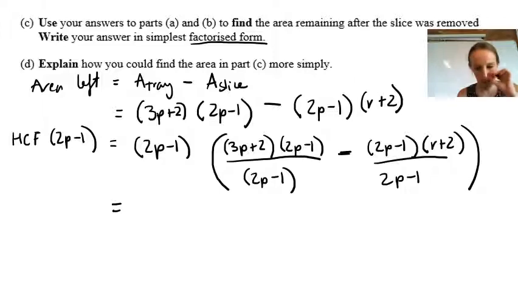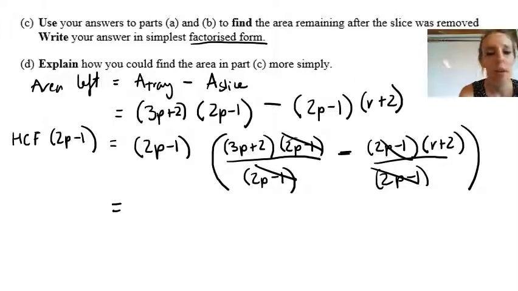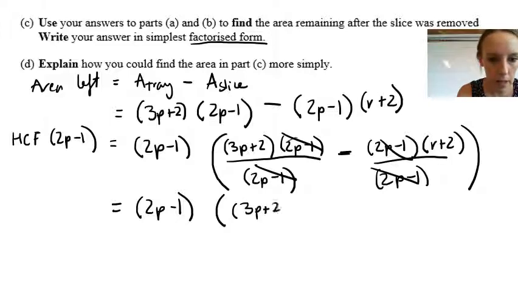Okay, so from there, as you can see, I can do some cancelling. So these are going to cancel. Oh, sorry, that should be in brackets. So that's going to cancel. So I'm still going to leave my highest common factor out the front. In my brackets, all I'm left with is, let's go, 3p plus 2 take r plus 2.